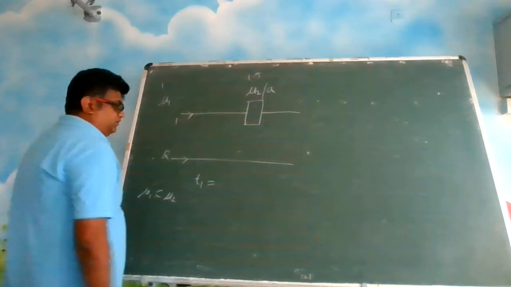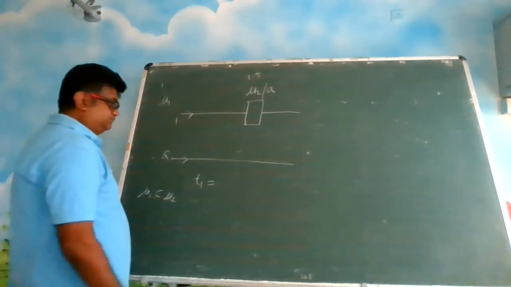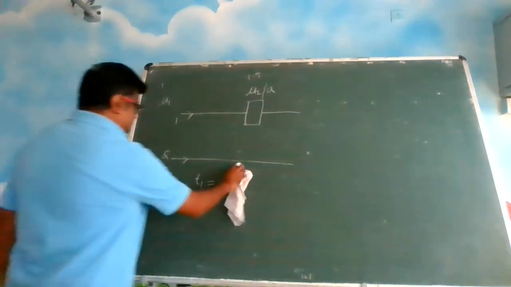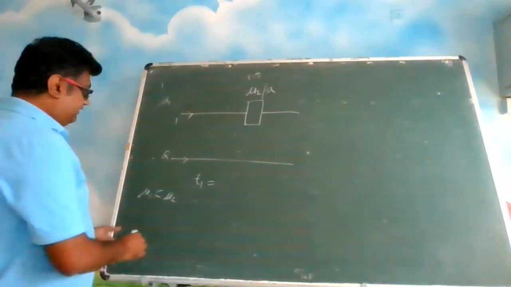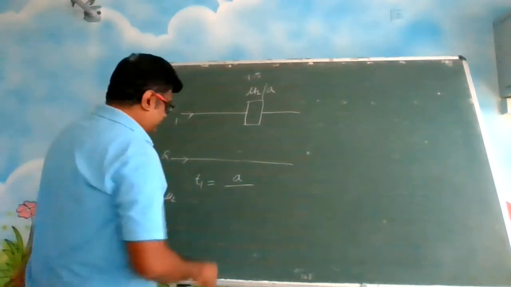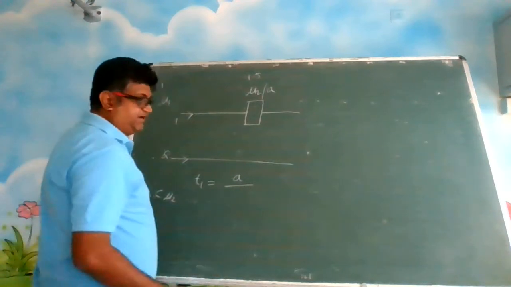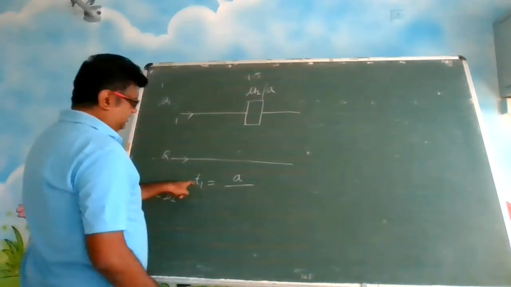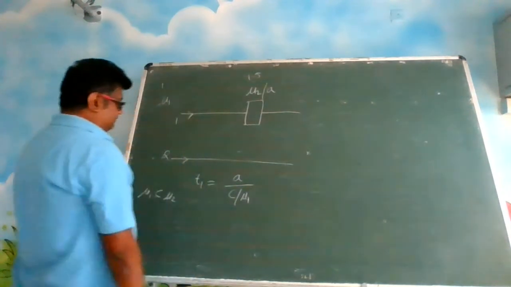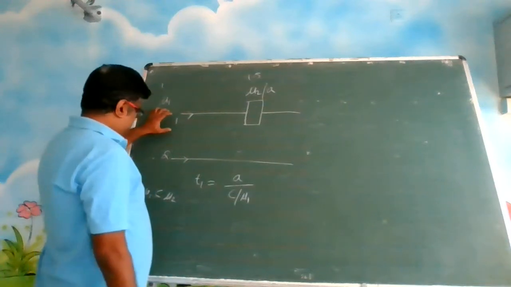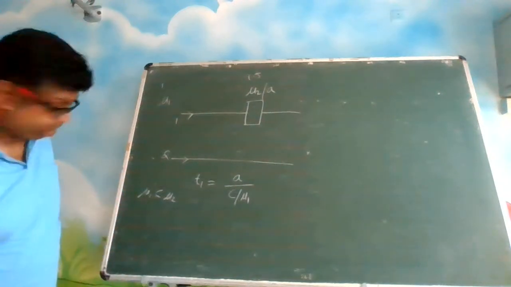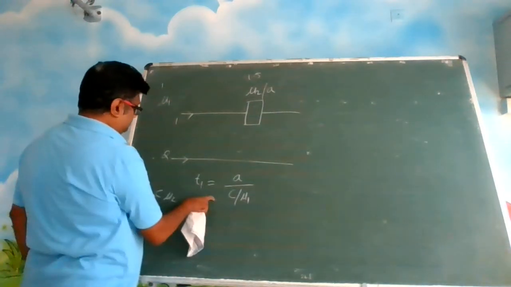So here T1 is equal to, earlier what we have done? It is distance divided by speed, which gives time. What is the distance? A. What is the speed here? It is c by mu 1. I am using suffix 1 and 2, no?